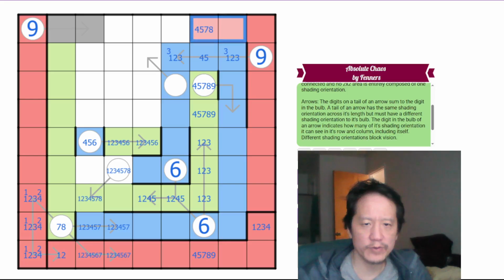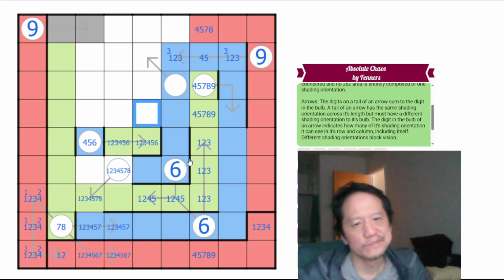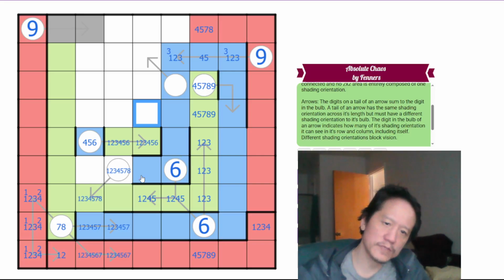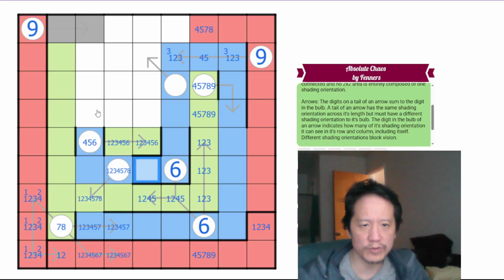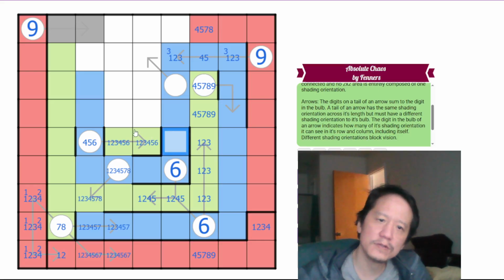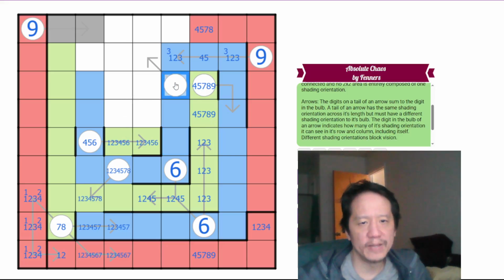These then become both reds. This has to be blue because it's opposite of this one. Since this is blue and this is blue, this has to be blue. So both of these at least have to be blue. It cannot connect.